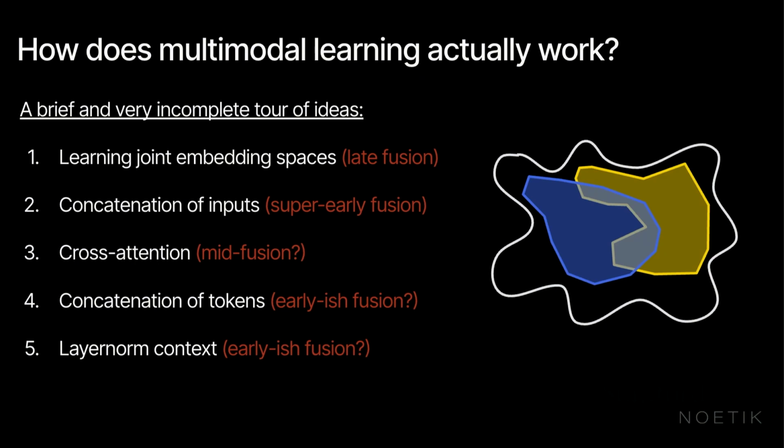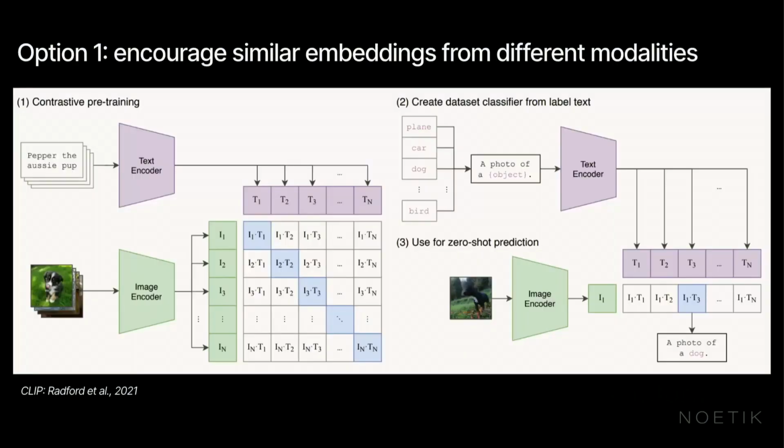Okay, the first thing I'm going to talk about is learning joint embedding spaces. So a model that many of you might be familiar with is the CLIP approach for combining the modalities of image and text. The primary idea here is to do contrastive learning, where you have 2 encoders. You have an image encoder that pushes images down into an embedding, and you have a text encoder that takes corresponding captions and pushes those down into an embedding.